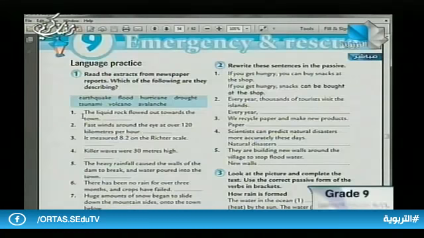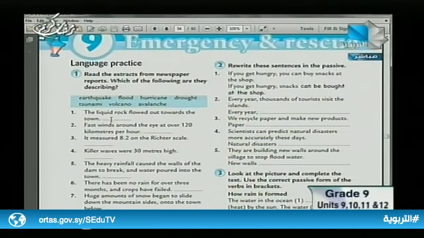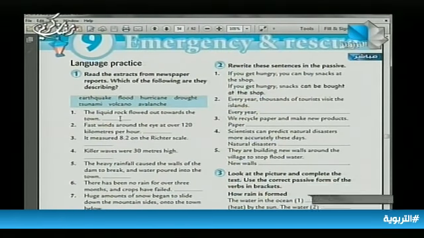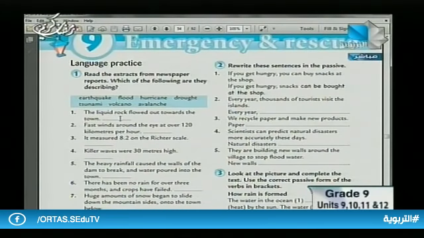Let me start with Mr. Mazen. The liquid rock flowed out towards the town. So this is a volcano. It explains this natural disaster, which is the volcano.